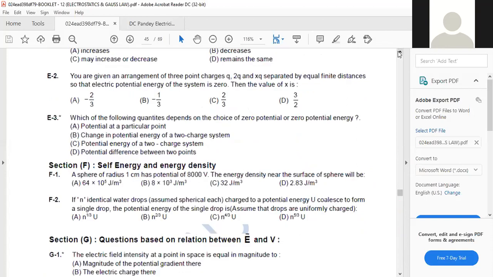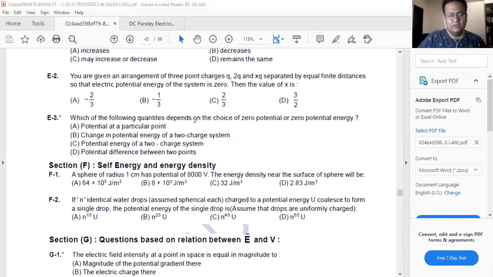E3. Yes, E3. Try to understand it this way. We can write the potential energy of a block of mass m kept at a height h as mgh. When can we write that? When we assume a reference level, then we can write the potential energy as mgh.